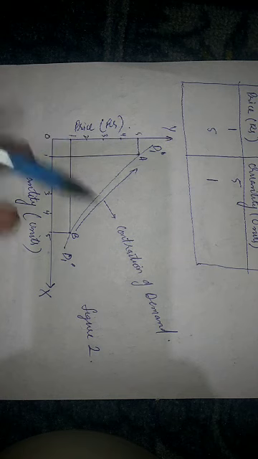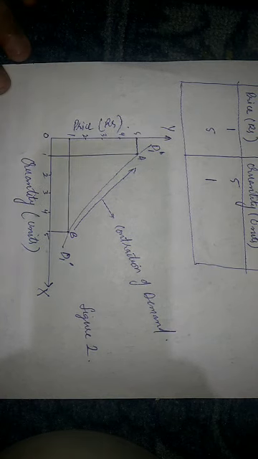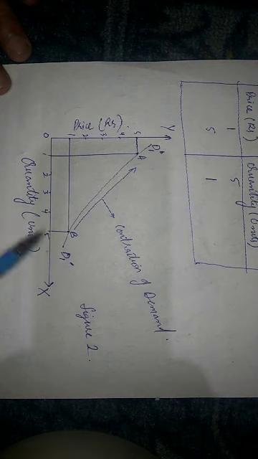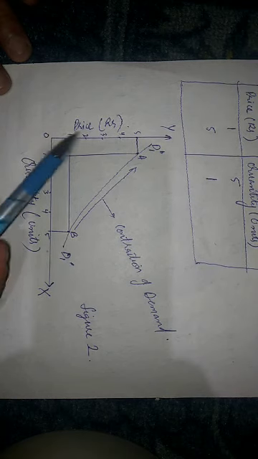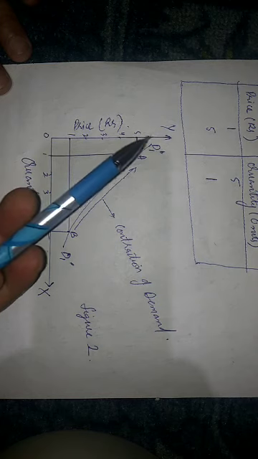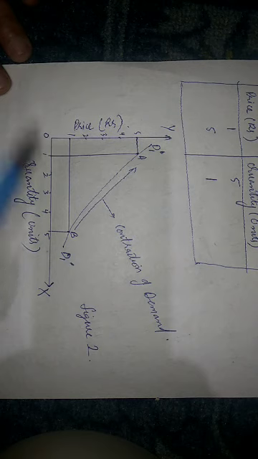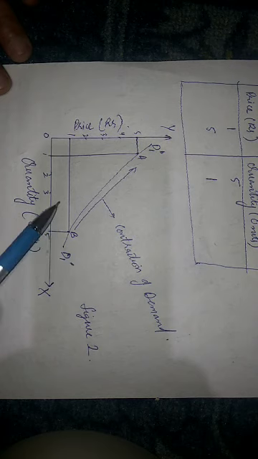Now we will see the contraction of demand in this figure too. See, when the price of the commodity is 1 rupee, the quantity demanded is 5 units. When the price increases from 1 to 5 rupees per unit, there is contraction of demand.